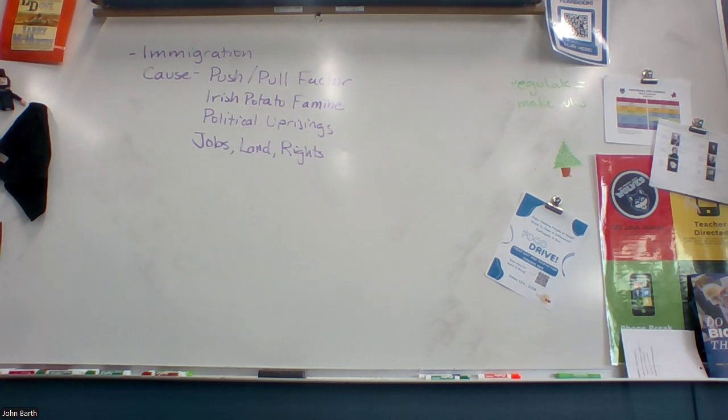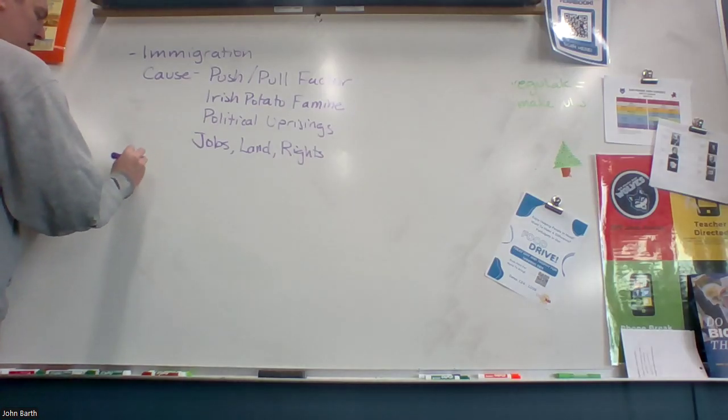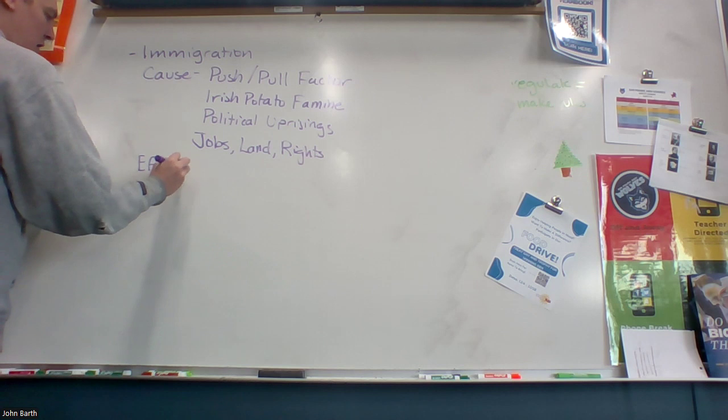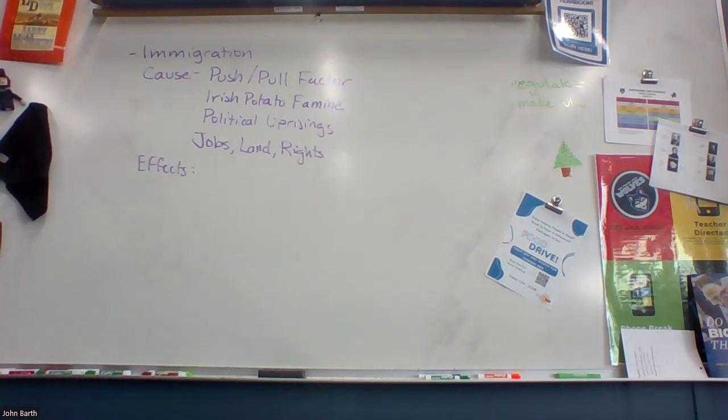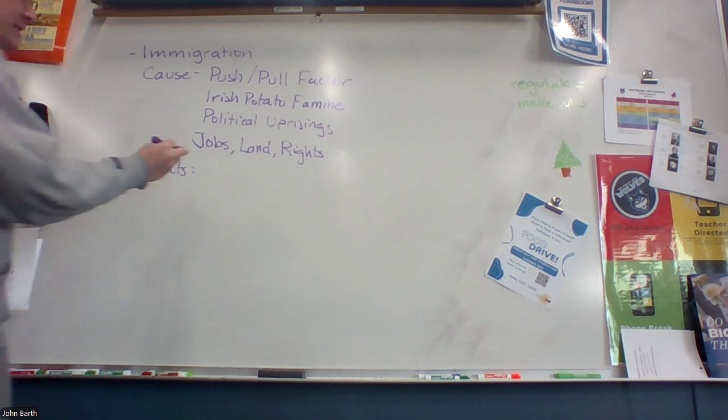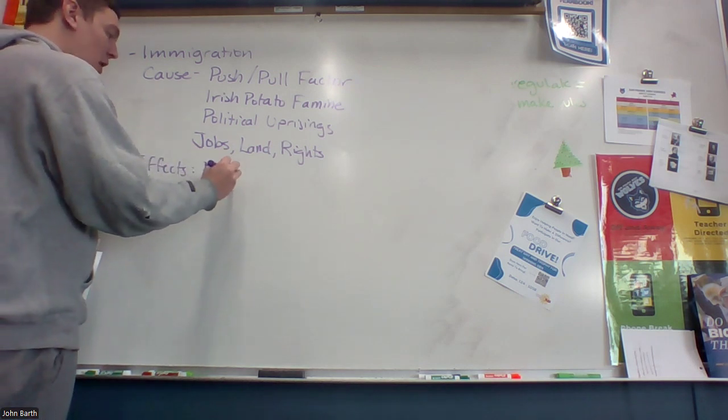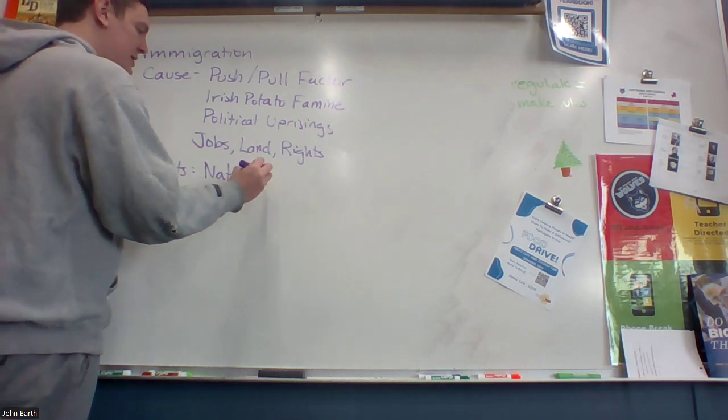However, after immigrants arrive, we see some important effects. What's the easiest effect to remember about what happens after immigrants arrive? Nativism is probably the easiest.